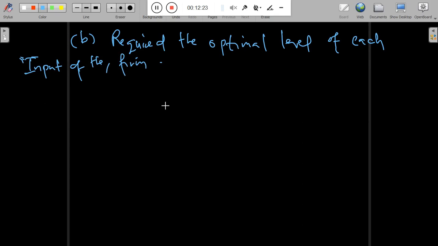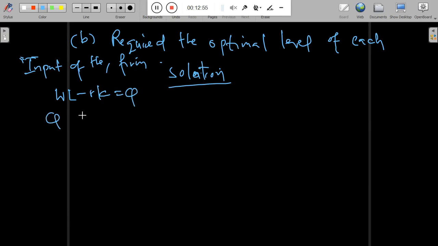For that case, we may apply the Cobb-Douglas production function. Since we have the output level and we have the budget constraint for production, that is WL plus RK, equal to the budget, we don't know exactly how much output was produced, but we need to assume that the output level is Q.